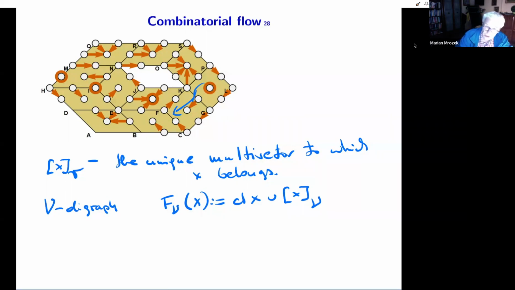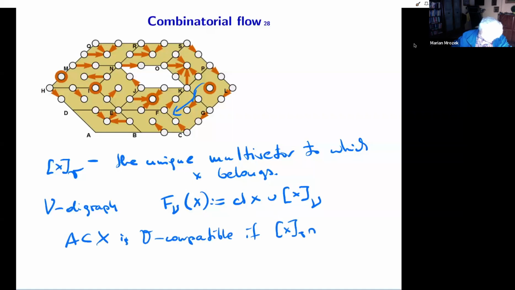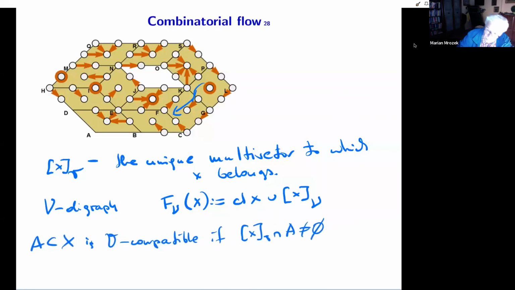One more concept which I'll need in a moment: I say that a subset A is V-compatible if it has the feature that if a multivector intersects A in a non-empty way, then actually the multivector is contained entirely in A. In other words, a V-compatible set is just a union of the multivectors it contains.